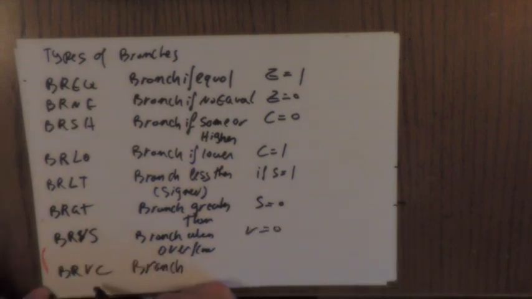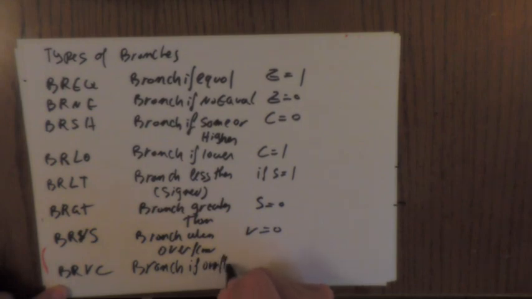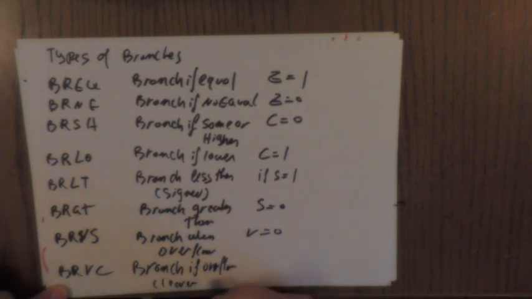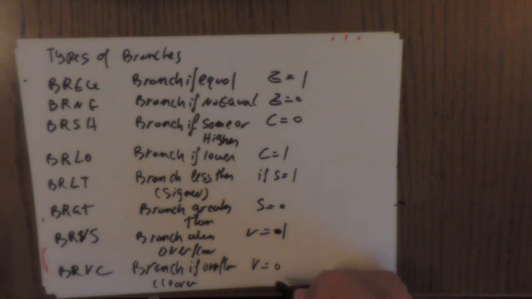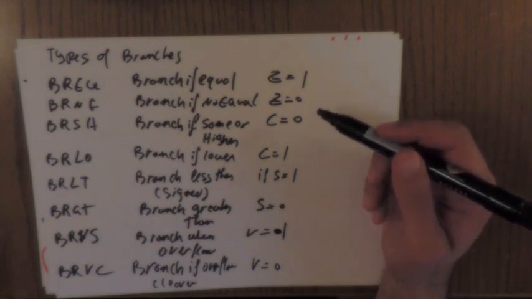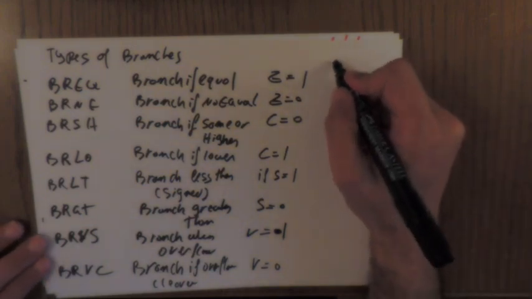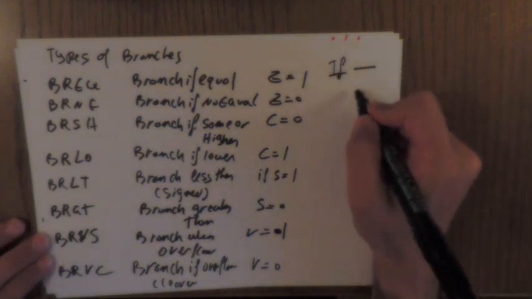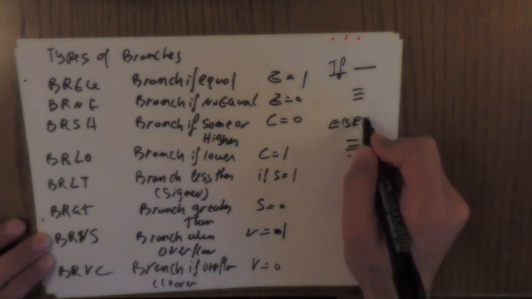And BRVC, branch if overflow is cleared, when V equals 0. So I can use all of those instructions to compare, to do different if-else conditions. The main purpose here is to generate something like an if condition, where we execute some instruction, then an else condition, and we execute this instruction.